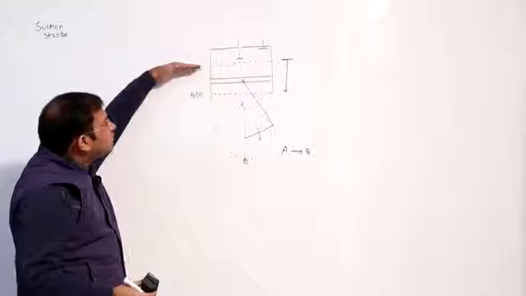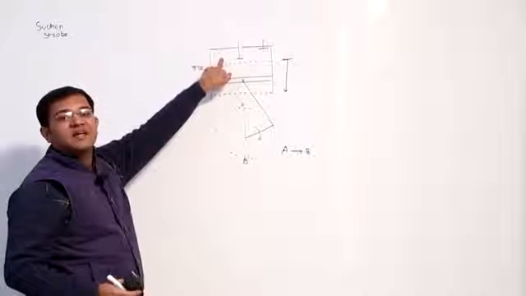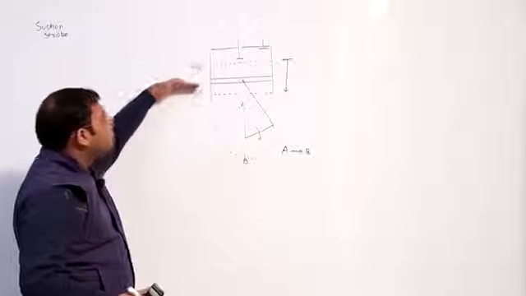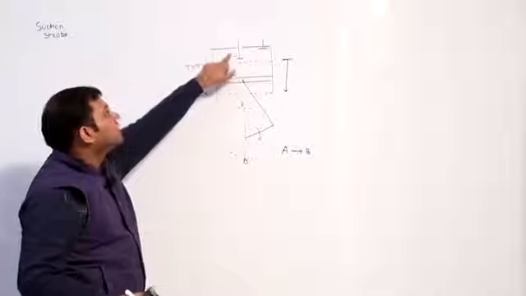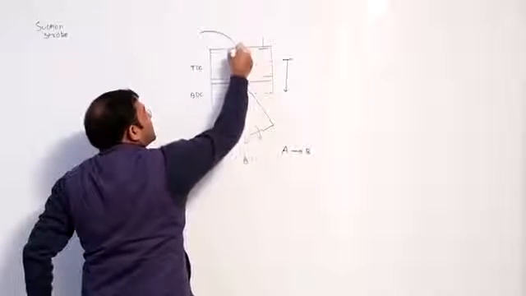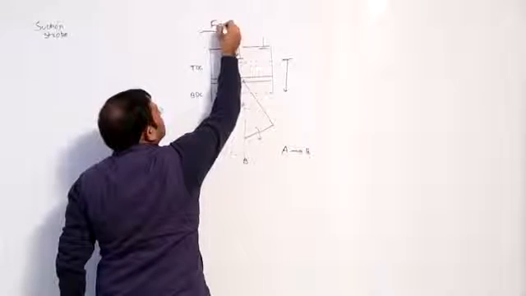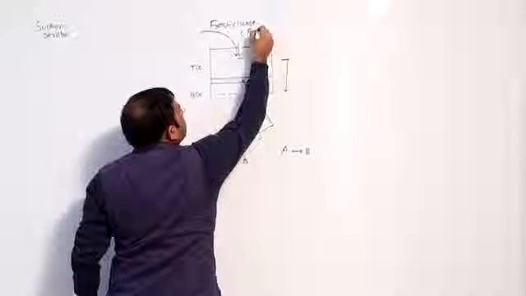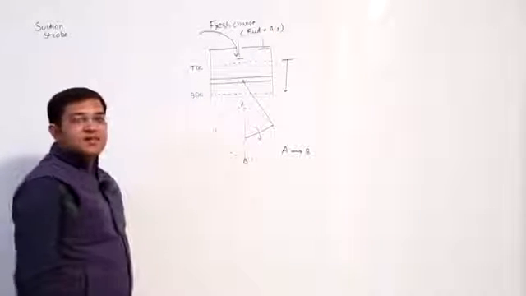And when this piston moves from top dead center to bottom dead center, a low pressure region is created in the combustion chamber, due to which this inlet valve opens. And when this inlet valve opens, a fresh charge comes inside the combustion chamber. The fresh charge constitutes fuel plus air, and this is referred to as the suction stroke.